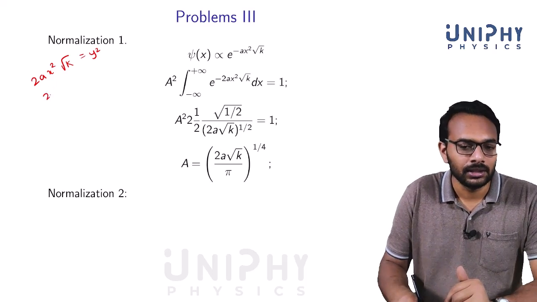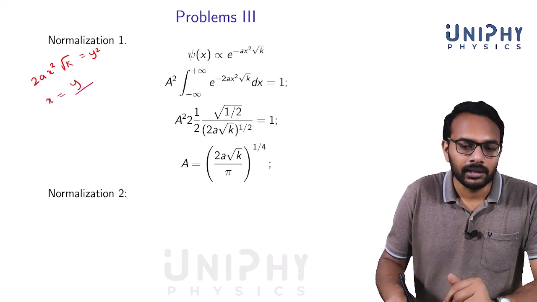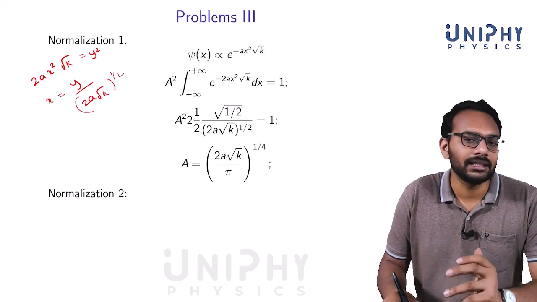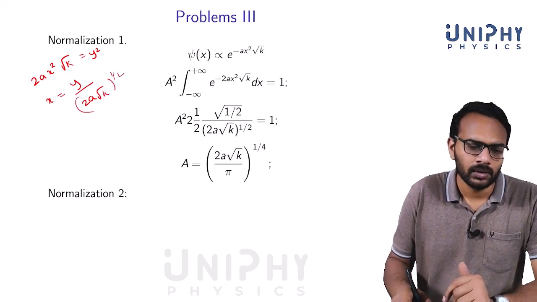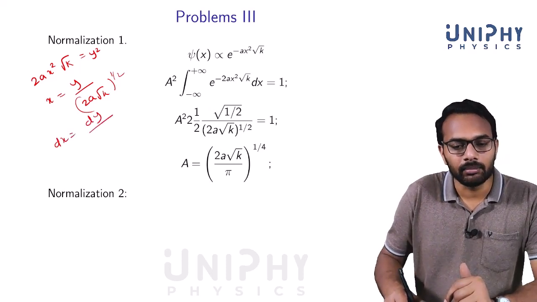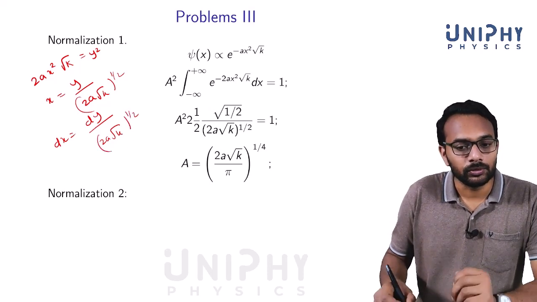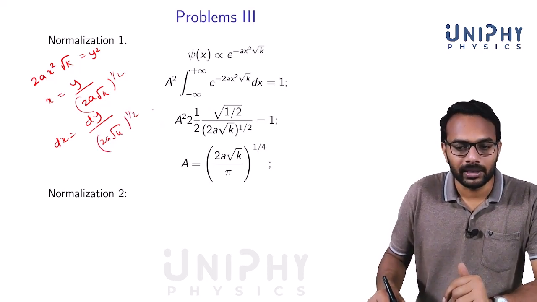This means that x is equal to y divided by 2a square root of k, whole raised to 1 by 2. We are taking the square root. So dx is equal to dy divided by 2a square root of k, whole raised to 1 by 2. We make all the substitutions here.